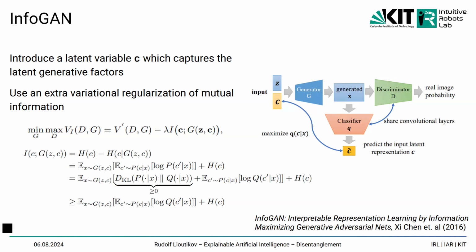And because we also have the shared convolution layers between the classifier and discriminator, that enforces this dependency on C even more. But we still have an entangled part of the latent space. Yeah, so the idea is that by enforcing the similarity, this entangled part will become more disentangled.